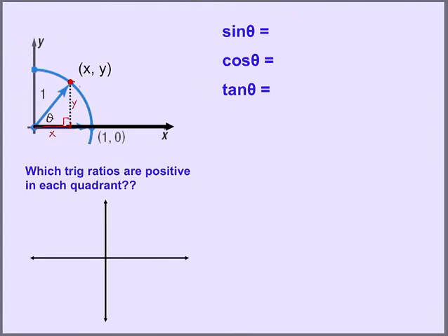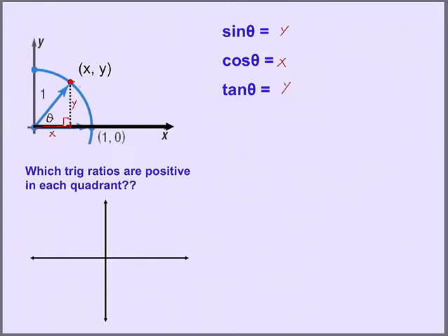Well, if we set this up as a trig ratio, that means the sine of theta is the opposite leg, that's y, over the hypotenuse, which is 1 because it's a unit circle. So the sine of theta is y, the cosine of theta is x, because that's the adjacent over the hypotenuse. And worth pointing out that the tangent is the y value divided by the x value.